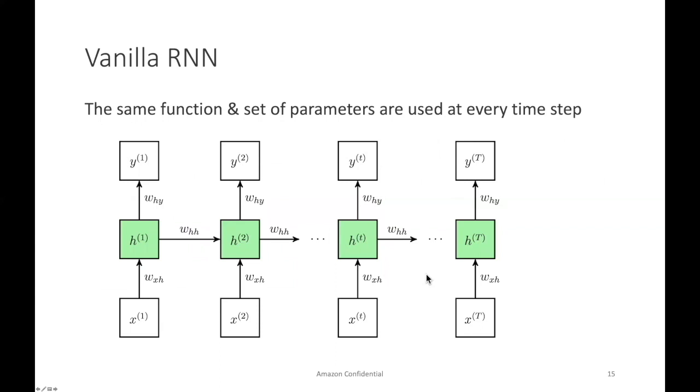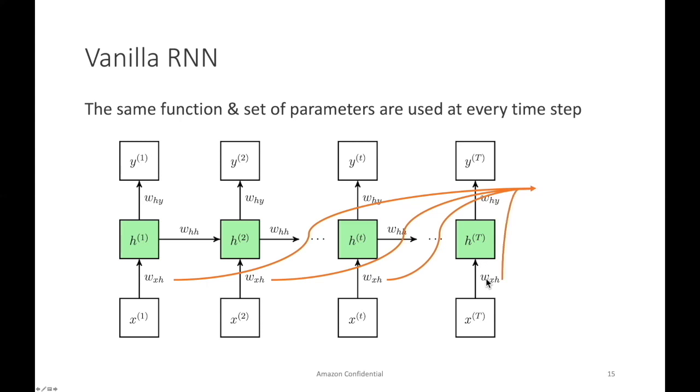All right. So let's look at what is the parameter sharing in RNNs. You can notice that there are three matrices, right? WHY, WHH, and WXH. All these three matrices have specific roles. Now, are these different from these? Not really. All these weight matrices are actually the same.